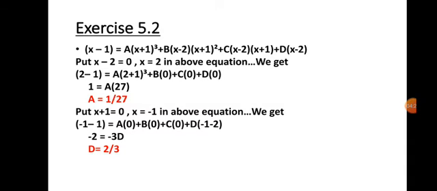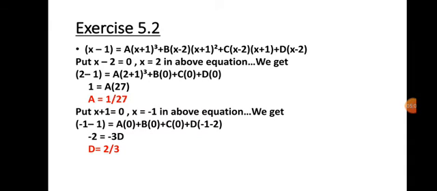The left hand side becomes 2 minus 1, and the right hand side will become A into (2 plus 1) whole cube, and all the 3 terms B, C and D, all containing x minus 2, will be 0.